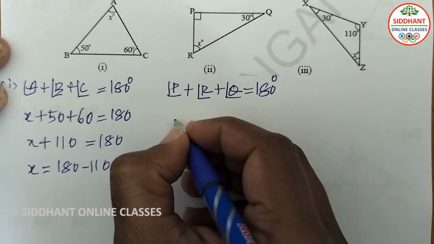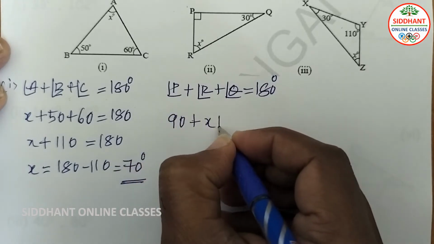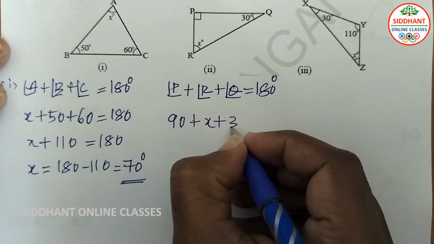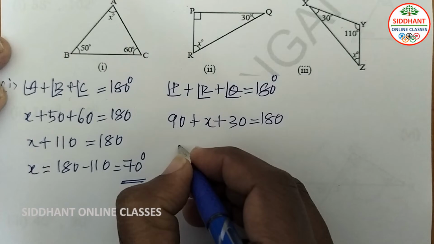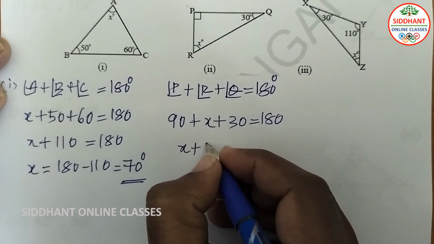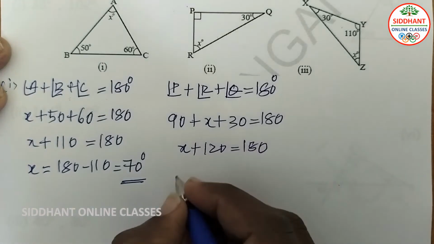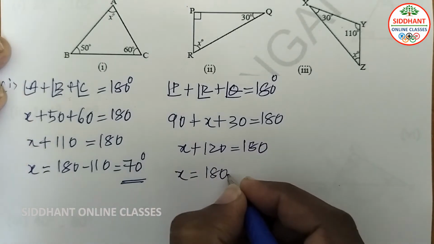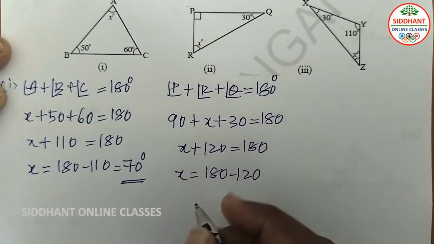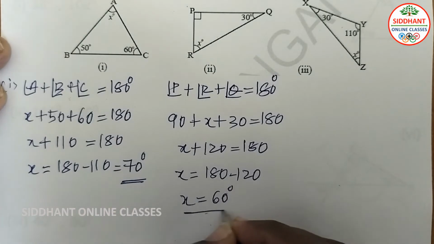So angle P, that is 90 degrees, angle R is x, angle Q, that is 30 degrees, that equal to 180 degrees. So x plus 120 equal to 180, x equal to 180 minus 120, x equal to 60 degrees here.